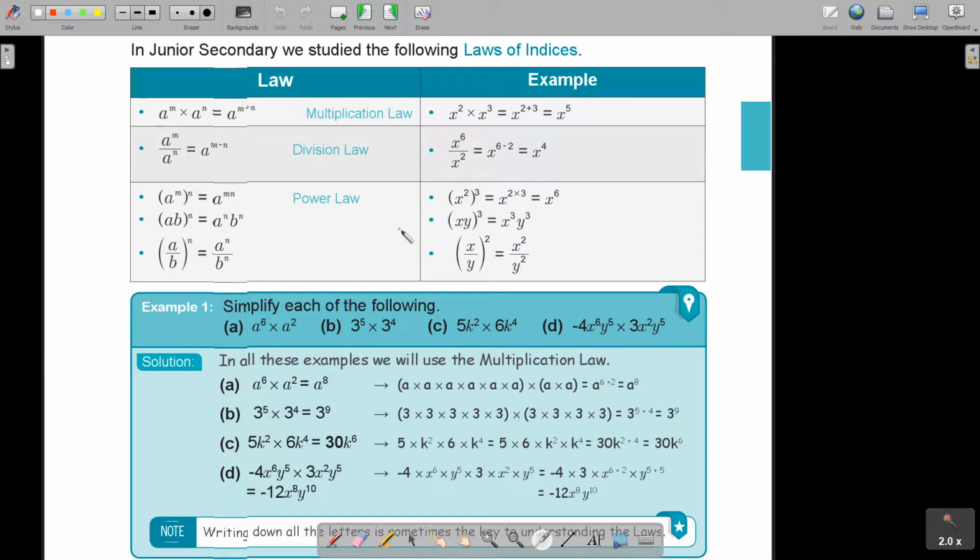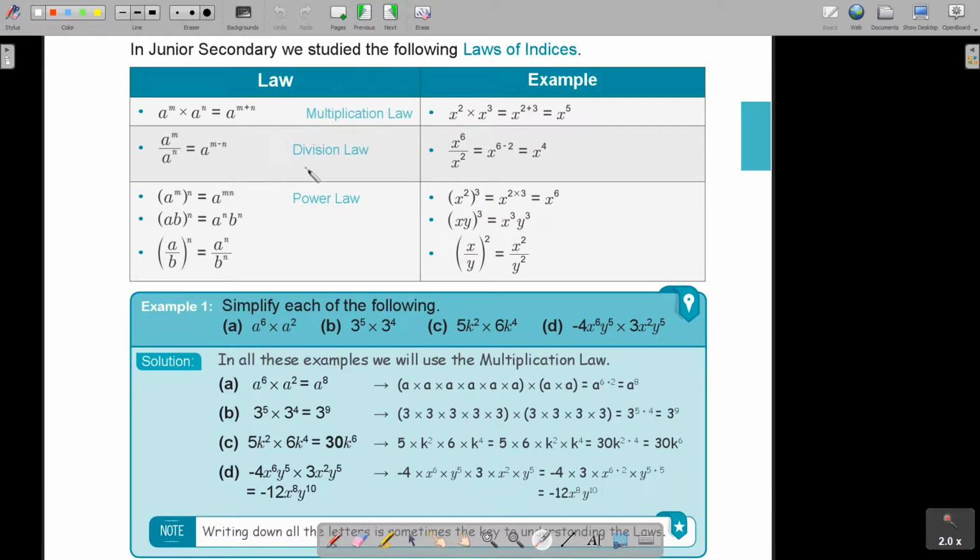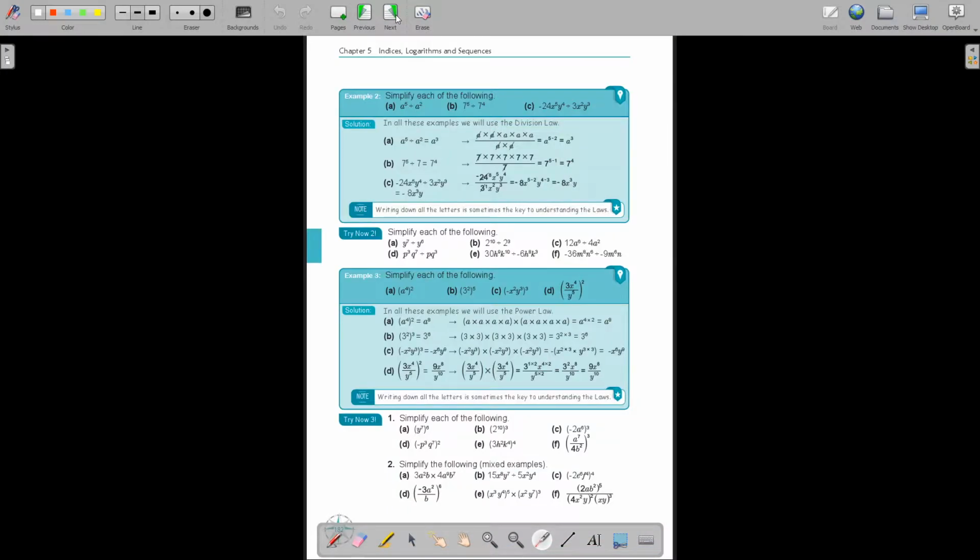You can go through these examples to understand. So I add, I subtract, I multiply, and it goes for the x as well as the y. Okay, let's go through the next rule. This is the multiplication, this is division, and this is the power law.